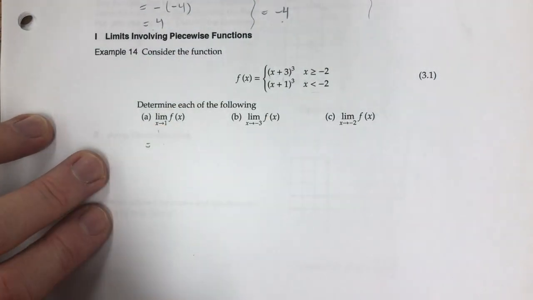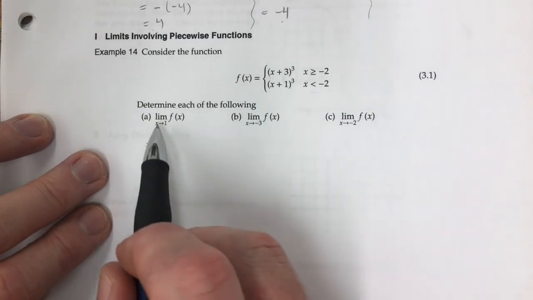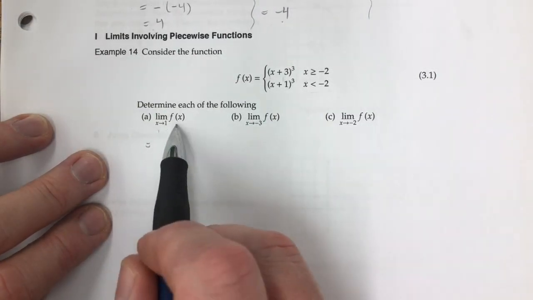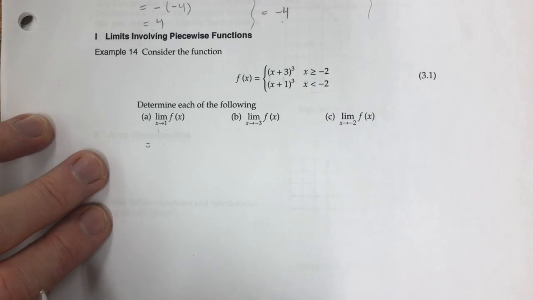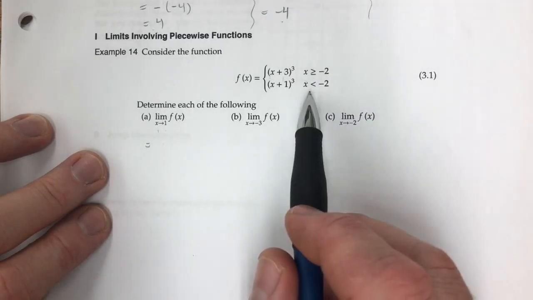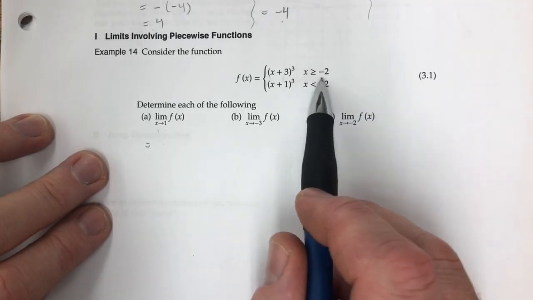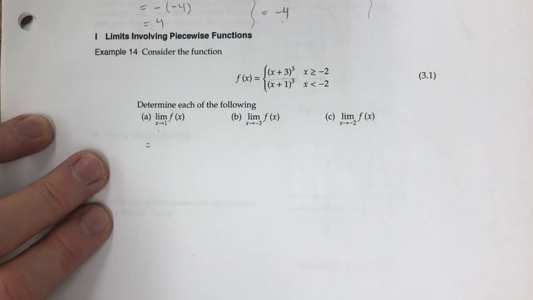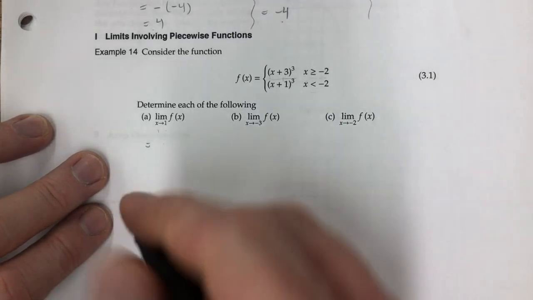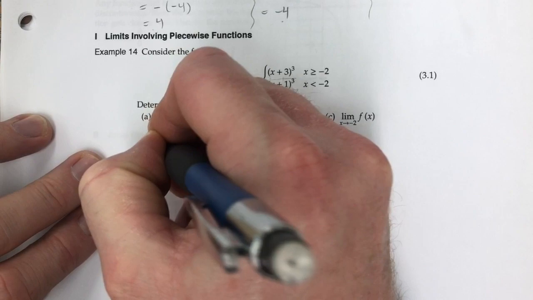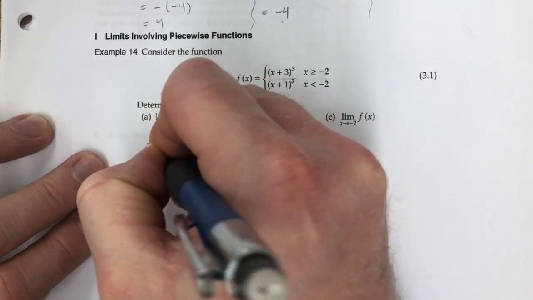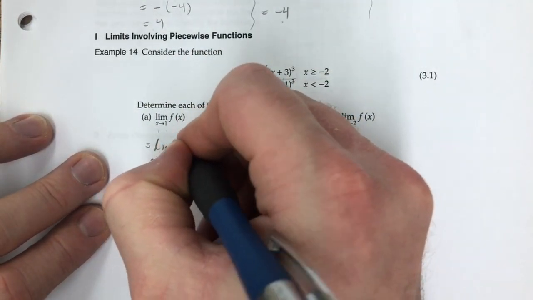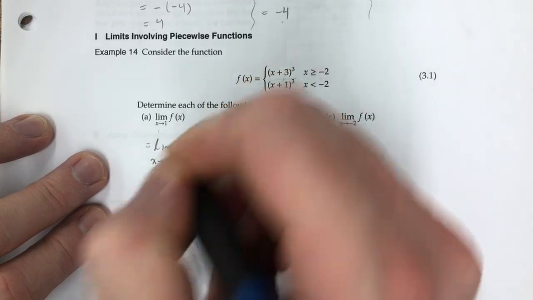So in our first example, A, it asks us to figure out the limit as x approaches 1 of f of x. 1 is bigger than negative 2, so we need to use the first definition. So this is the limit as x approaches 1 of (x plus 3) cubed.